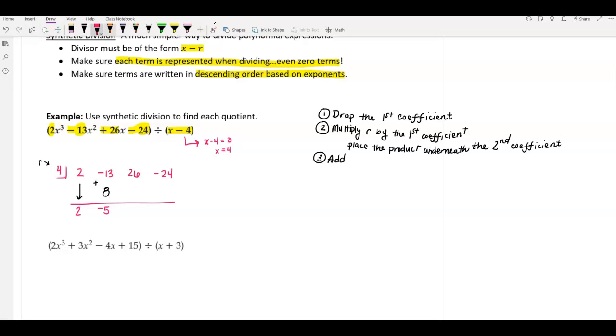All right, once again, we're going to start these steps over. Step 4, multiply the r by the sum that you just got. Once again, place the product underneath the next coefficient.